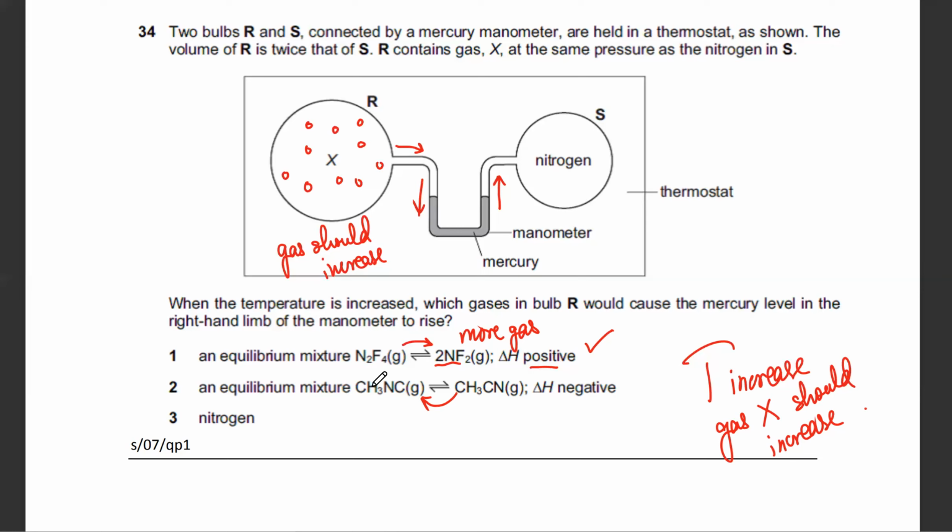Is it clear? Yes, sir. So the mercury level will not change, because it changes only if the gas increases. In the first case more gas was produced, and the increased gas pushes the mercury on this side. But over here, nothing would happen, because wherever it shifts, there is no change in the amount of gas.